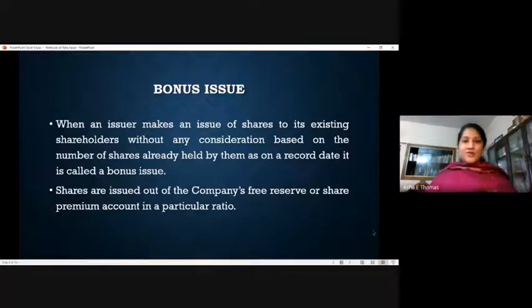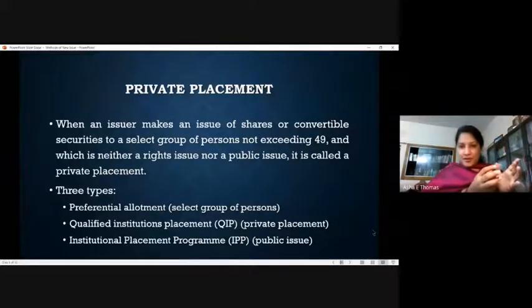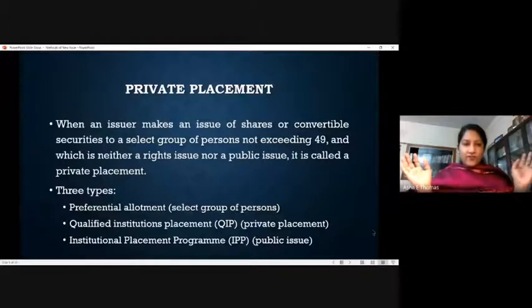Now what is left with us is private placement. We had a previous discussion about private placement: when a company makes its offer to a specific group of people, a selected group of people, that we call private placement. It is not open to everyone to subscribe to the company shares.